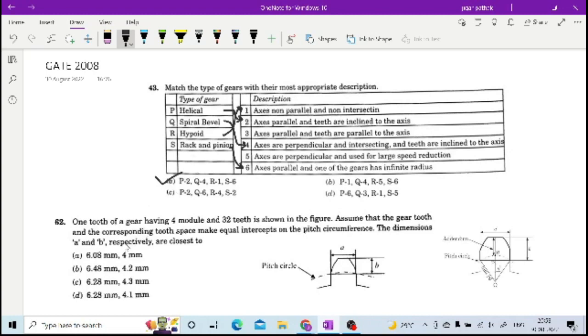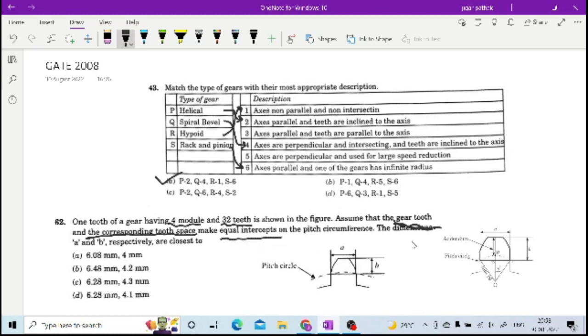Now if you go for question number 62: one tooth of a gear having 4 module and 32 teeth is shown in the figure. Assume that the gear tooth and the corresponding tooth space make equal intercepts on the pitch circumference, right? The dimensions A and B respectively are close to this one. So you are given the module, the number of teeth, and that the gear tooth and tooth space make equal intercepts.